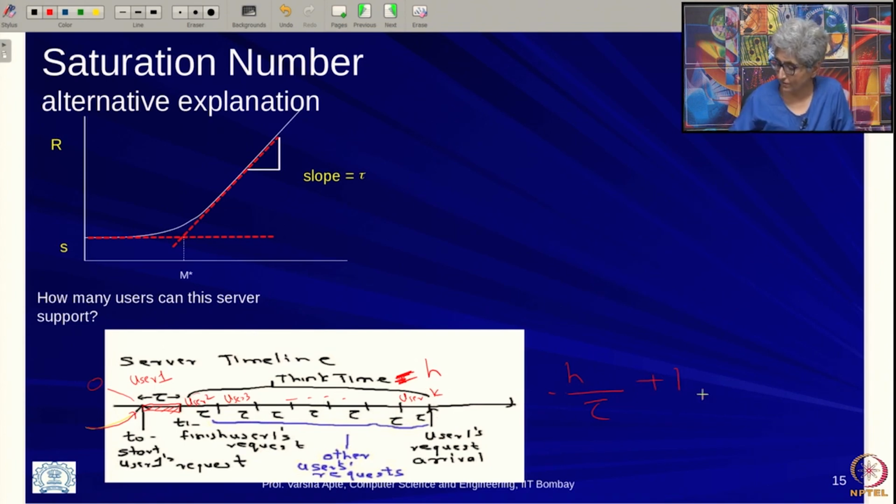In fact, this is what 1 plus h by tau is, and this is exactly what the Klein-Knox saturation number was. If you remember from the previous slide, m star was nothing but 1 plus h by tau. So, this is an interesting way of understanding why the maximum number of users that a single server can support turns out to be 1 plus h by tau. This is one visual for that.